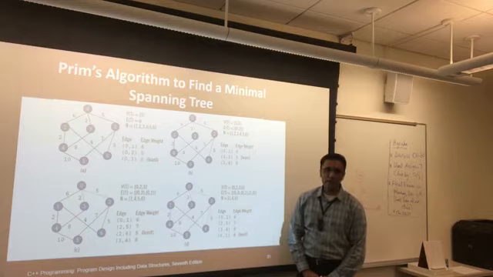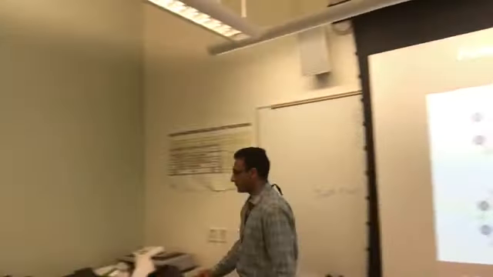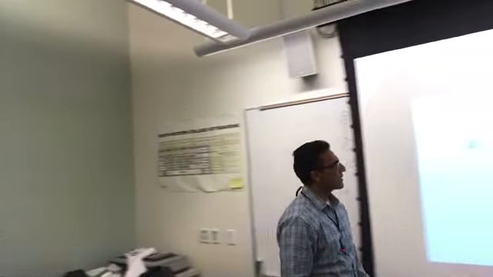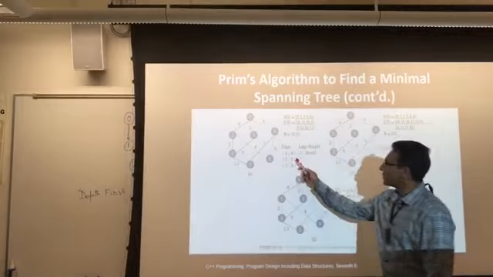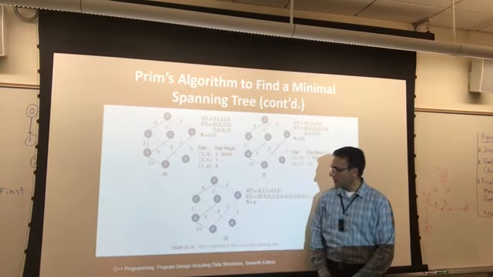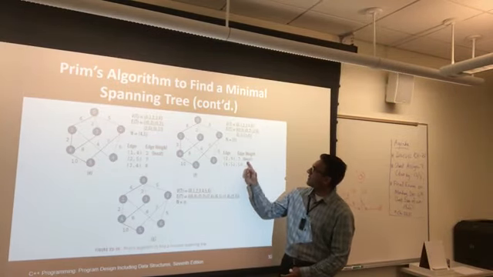So you can find the minimum edges in this case, and continue with that from the previous one. From 1 to 4, weight is 2. That's the least, or I should say minimal. And then 2 to 5 is 7.